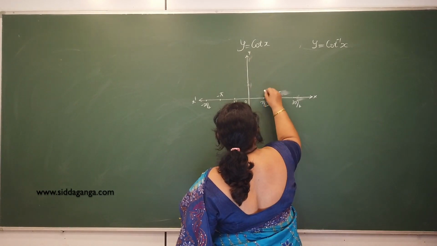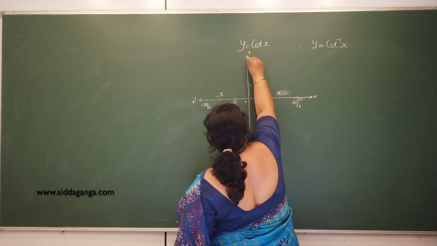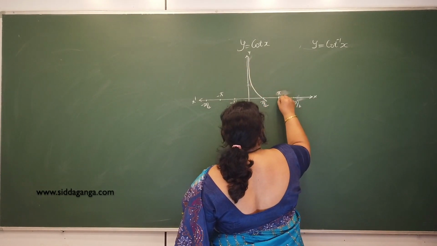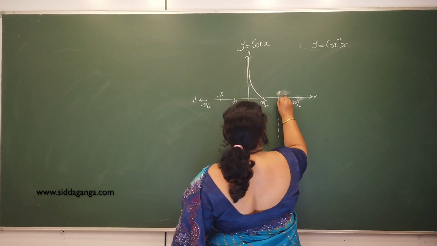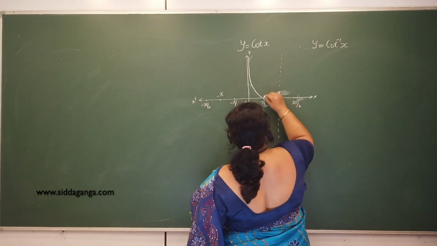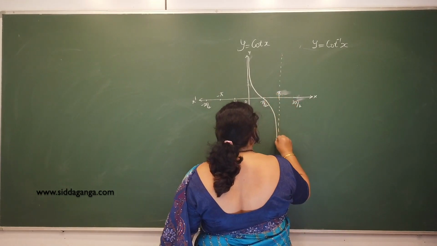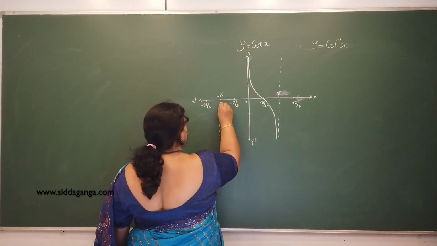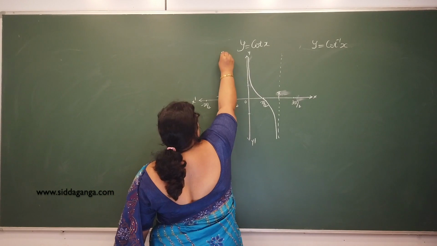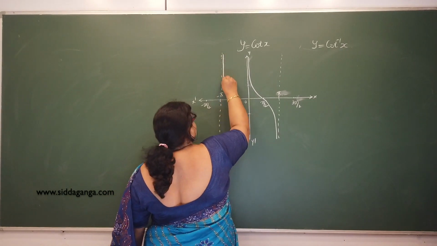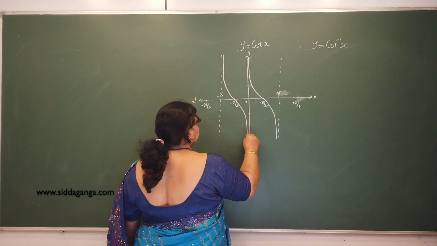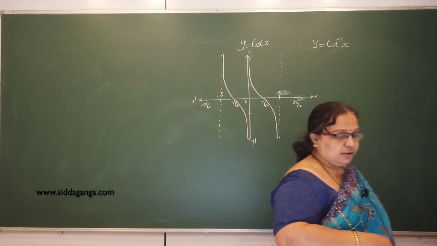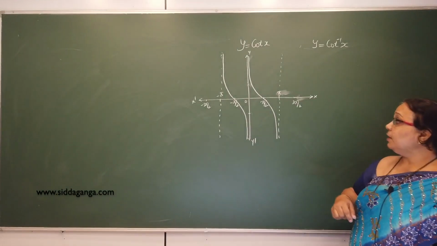Sin 90 degree value is 1, the graph comes like this. So at 180 degrees the cot function is not defined. So this is the graph of the function y equal to cot x.